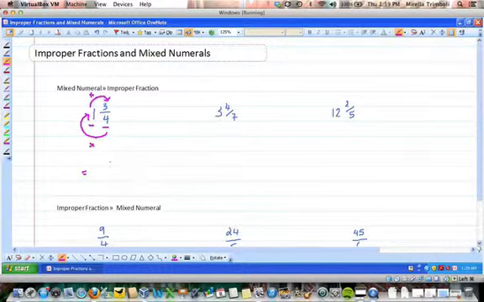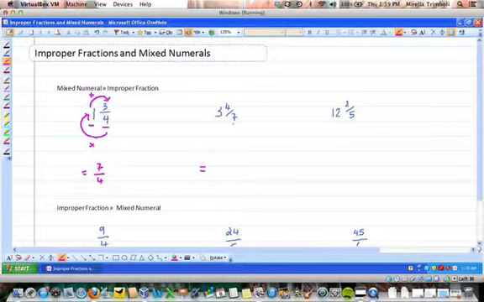4 times 1 is 4, plus 3 is 7. So we have 7 over 4. The denominator stays the same as what it is in the original question. You might like to pause the video here and then come back and watch to see how you went with the next two, or you might just continue watching.